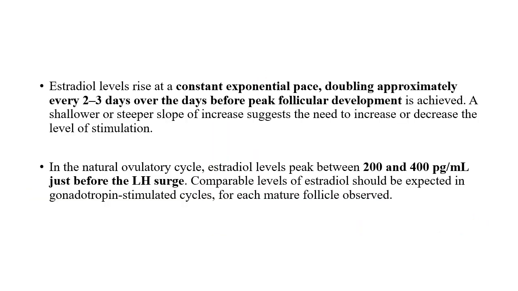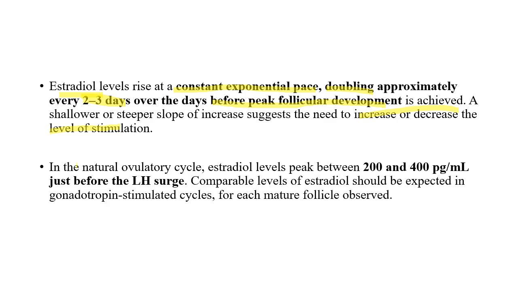Let's discuss some important facts about serum estradiol. Serum estradiol level will rise at a constant exponential pace, and just before the peak of follicular development it will double in approximately 2 to 3 days. The rate of rise will help us to guide whether to increase or decrease the gonadotropin dose.